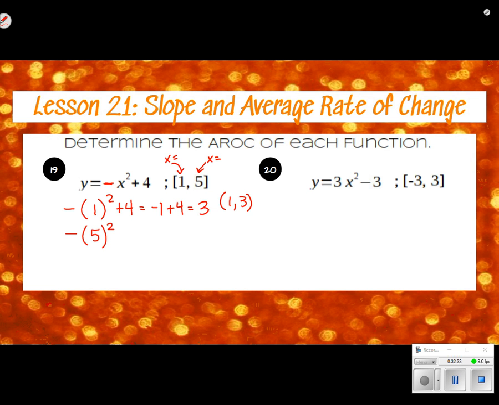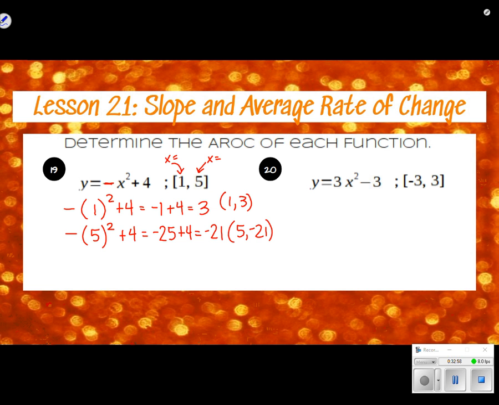All right, -5 squared plus 4. 5 squared is 25, so this is -25 plus 4, which is -21. So 5, -21. And then we're going to do slope. A lot of times people stop here and they're like, woo, we're done. And that's where I'm saying that equations are a little bit tougher, because you have to go through all that work to get the y values.